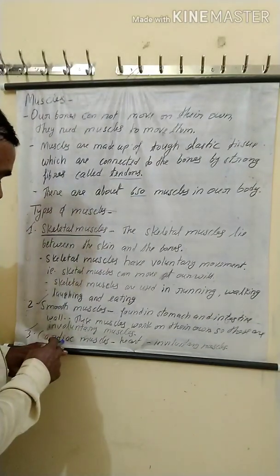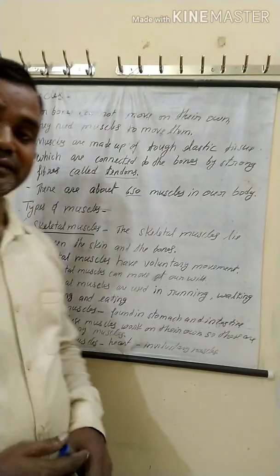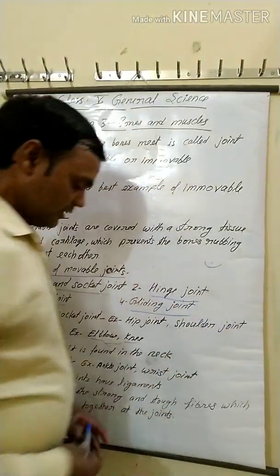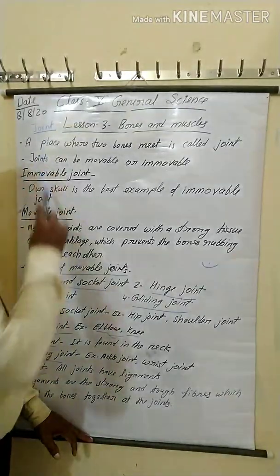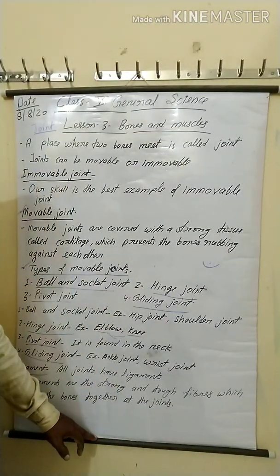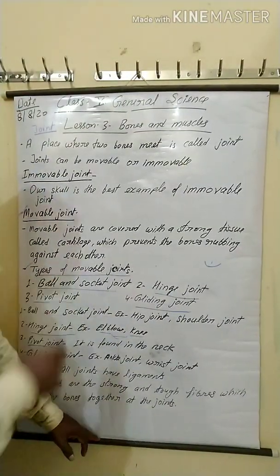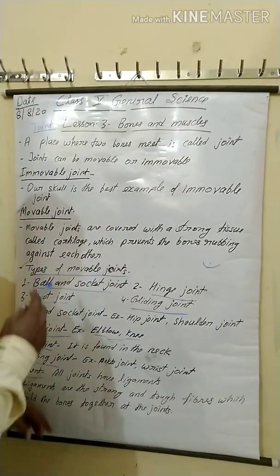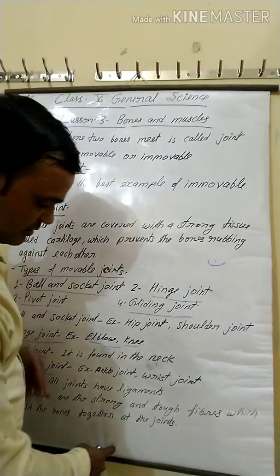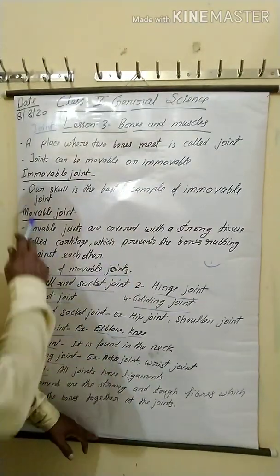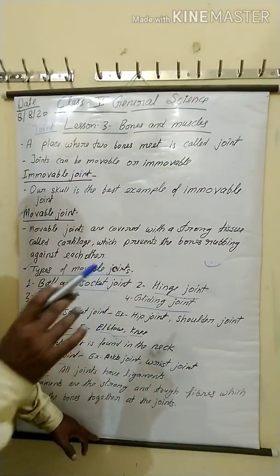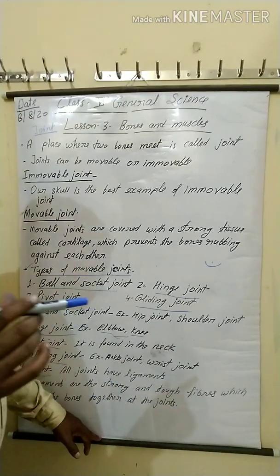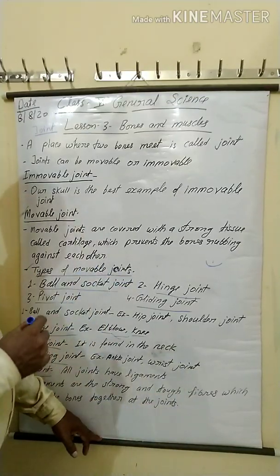Last, cardiac muscles. Cardiac muscles are found in our heart. I repeat again. Joints: a place where two bones meet is called a joint. Joints can be movable and immovable. Immovable joints are found in our skull. Movable joints are of four types, and they are connected with cartilage.